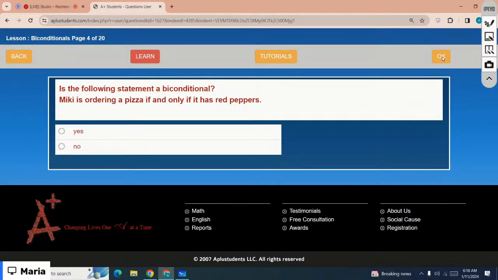The correct option is yes, that is a biconditional, right? If Mickey is ordering the pizza, it has red peppers. And if the pizza has red peppers, Mickey is going to order it. That means the correct option is yes, that is a biconditional. The correct option is yes.